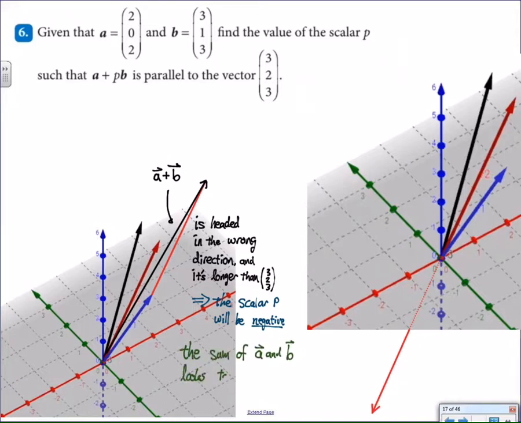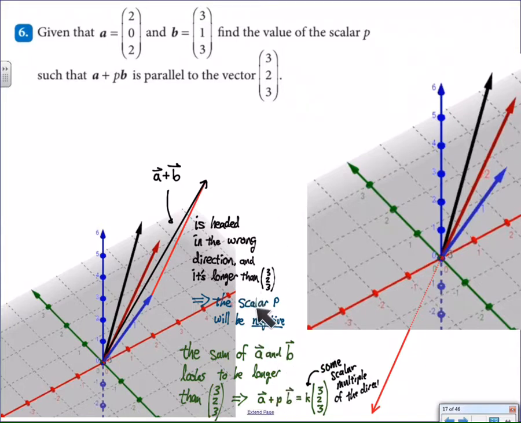Now, the other thing here is the sum of A and B looks to be much longer than the direction vector I'm looking for. So we have two different things to deal with here. The first is that we need to figure out what p is, and I ascertained from the picture that it's probably going to be negative, but we still are going to end up with a vector that's probably longer than the direction vector that was given to us.